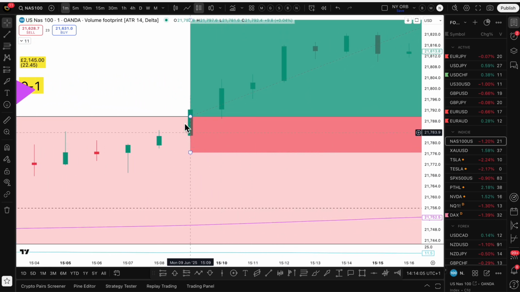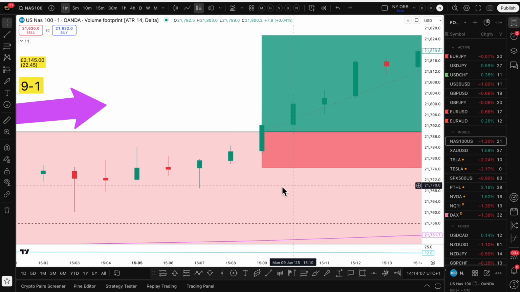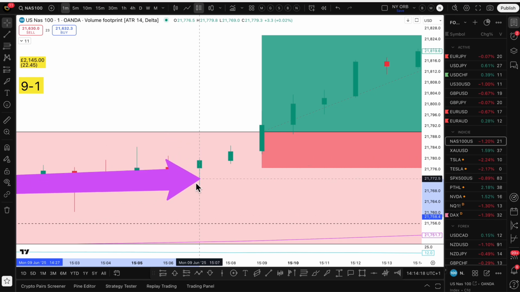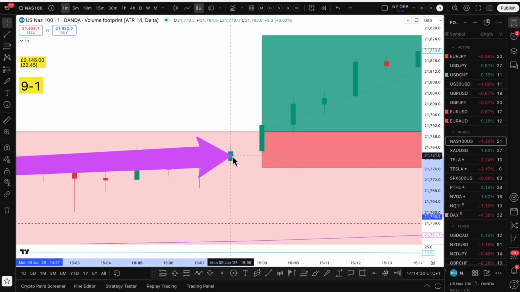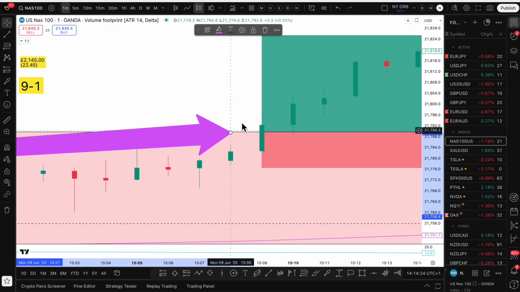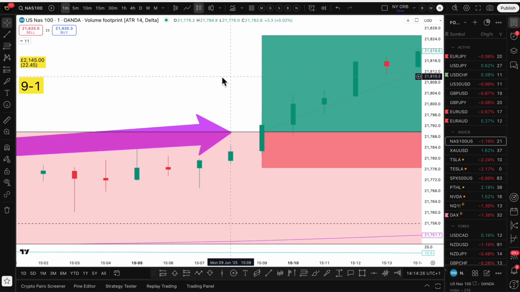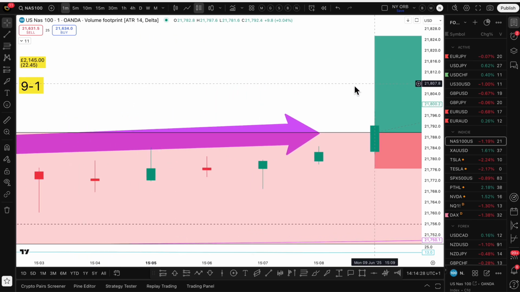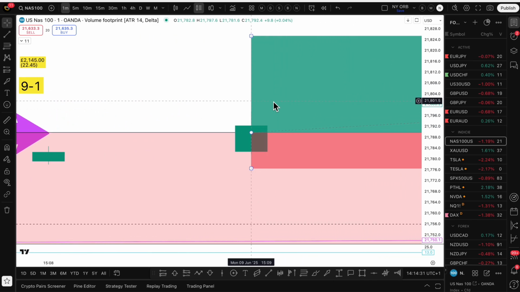But this is just something I use to show me that yes, we're breaking into this area with momentum because we've had this rejection wick, we've had 2 green candles, and they're getting bigger. Then you can use the volume footprint to see what is actually happening behind this candle, the buyers and sellers.